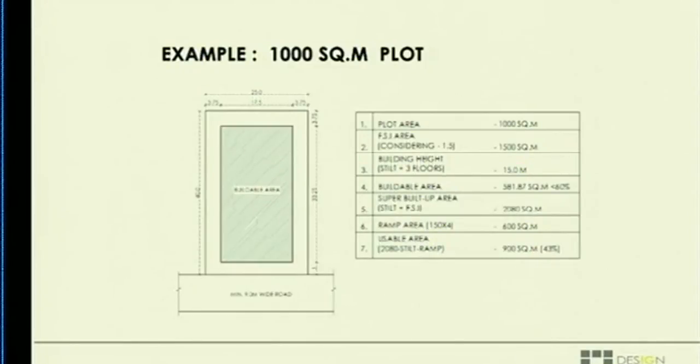The stilt floor is parking, so you can't do any of your clinical activity there. So you remove the ramp, you remove the stilt floor which is meant for parking, you got just 900 square meters. So you bought a 1,000 square meter plot, you built 2,080 square meters. How much of hospital area finally do you end up with? 900 square meters.